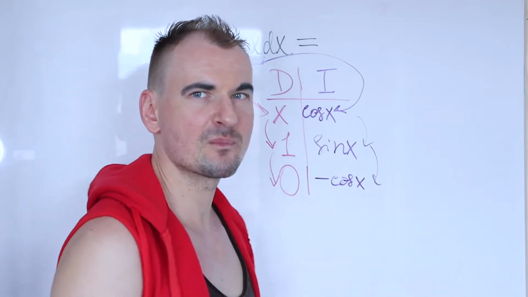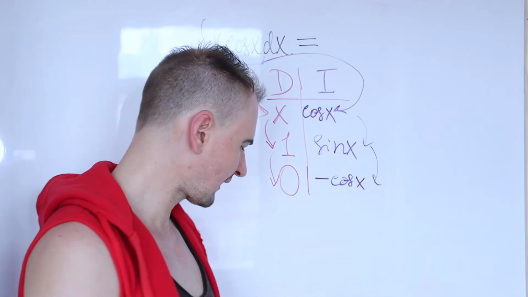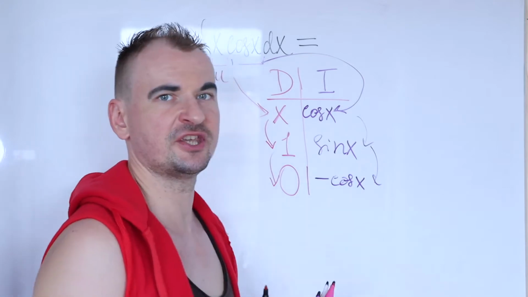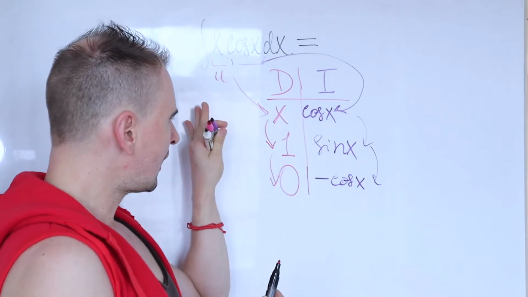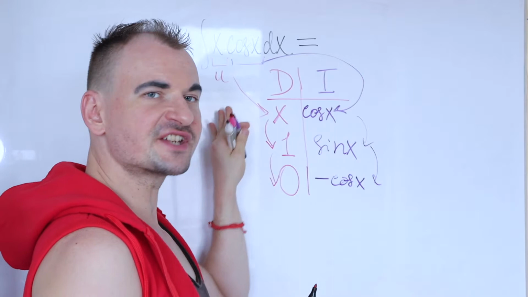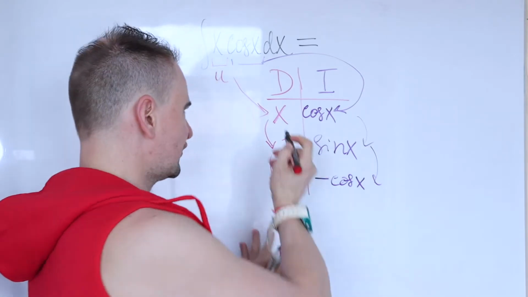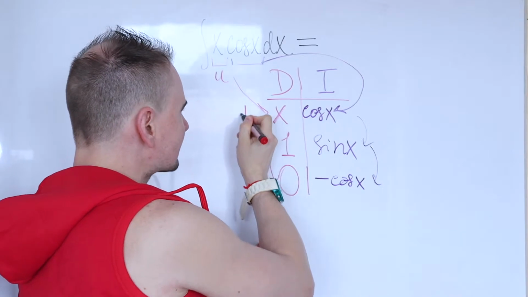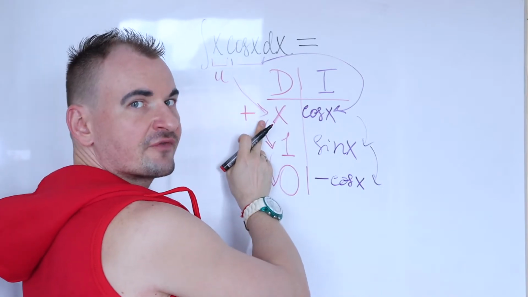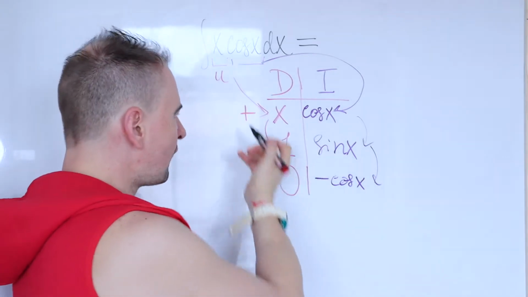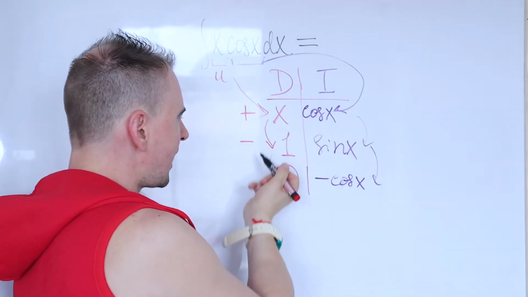Now, we're almost there. One little thing that is required here. On the left side of this table, I'm going to place the signs. You always start with plus for the first row, and you're going to alternate them. So for the second row, it's going to be minus.